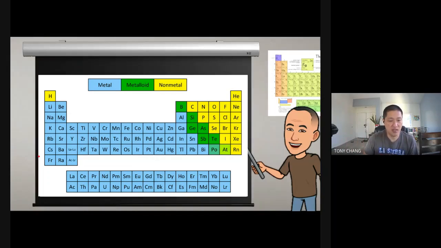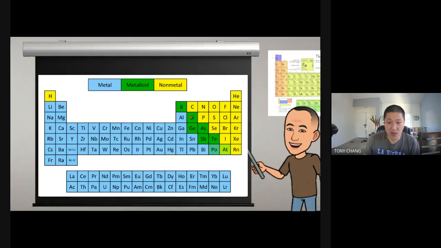All right, so now I'm going to review a few things because in your homework assignment, I included stuff from 6.1. So I'm going to review some stuff from 6.1, okay? So take a look at this periodic table. As you go to the right, are you becoming more and more metallic or more and more non-metallic as you move to the right? Good, non-metallic. As you move to the left, are you becoming more metallic or more non-metallic? More metallic.